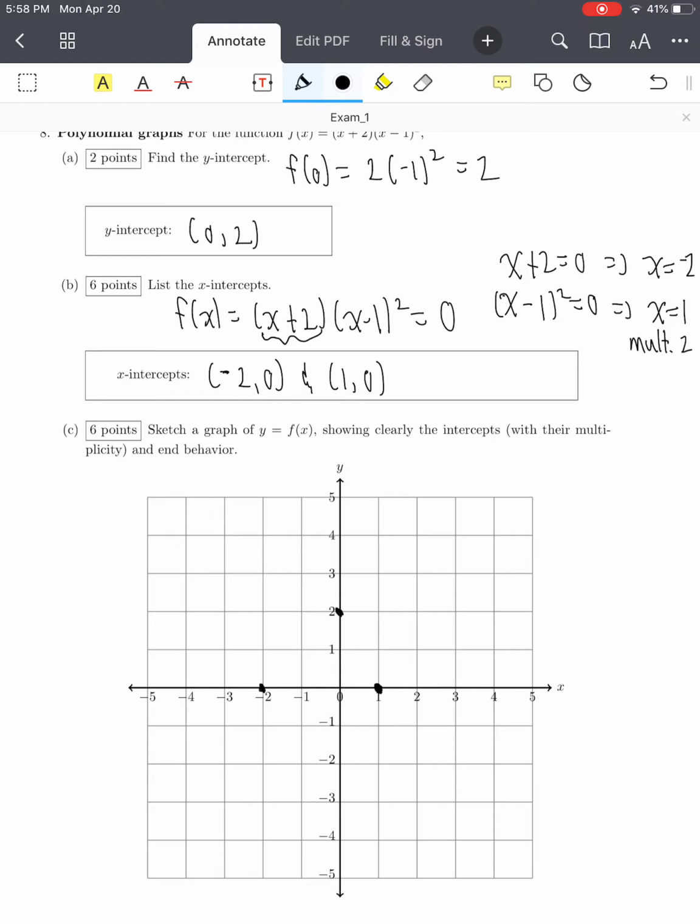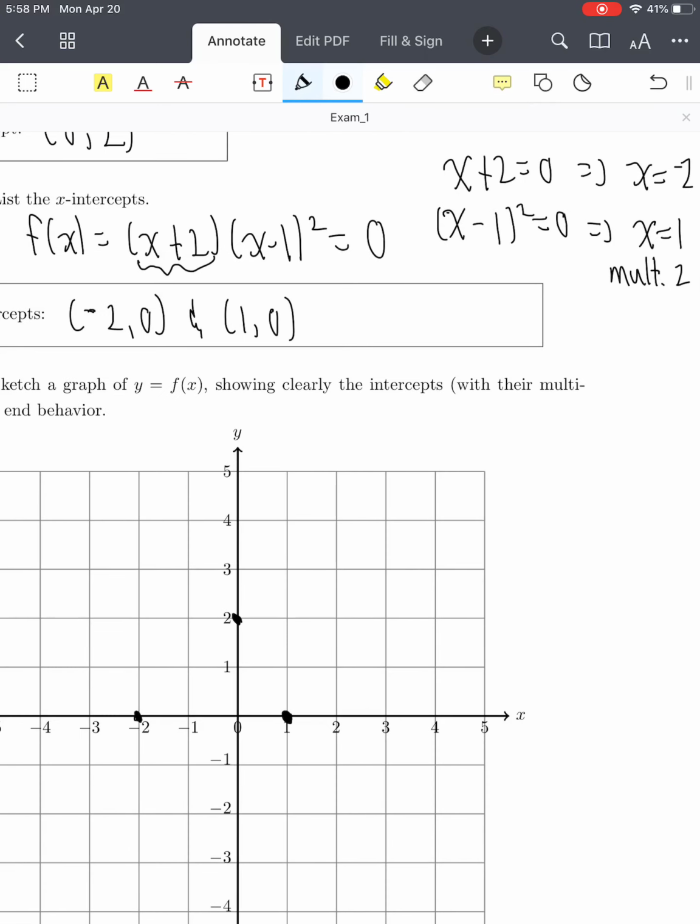Now we want to find out what the end behavior is, and what it looks like in between. So I like to do a sign line for this. So I'm going to put in all of the intercepts, negative 2 and 1.